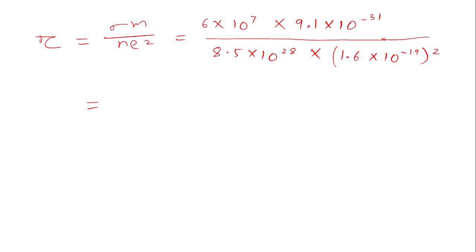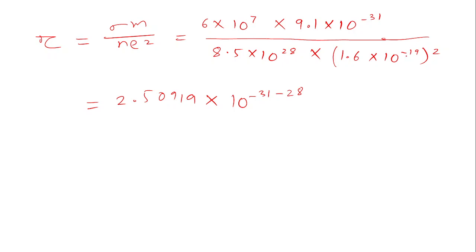When we calculate this, it is 6 multiplied by 9.1 divided by 8.5 divided by 1.6 times 1.6. The answer will be 2.50919, and the powers will be 10 to the power minus 31. This goes in the numerator and becomes minus 28.